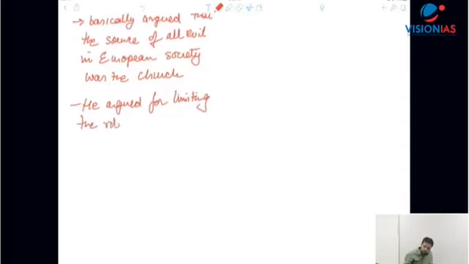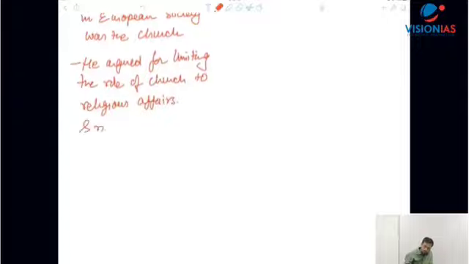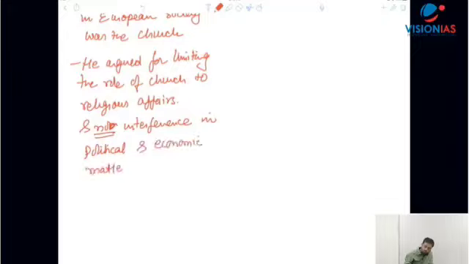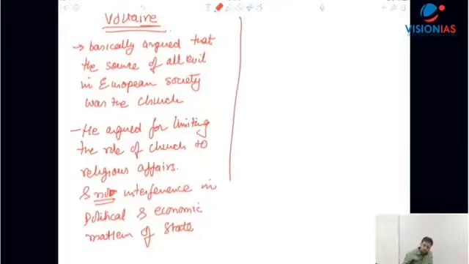He argued for limiting the role of the church to religious affairs, and no interference in the political and economic matters of the state. That is Voltaire's argument.